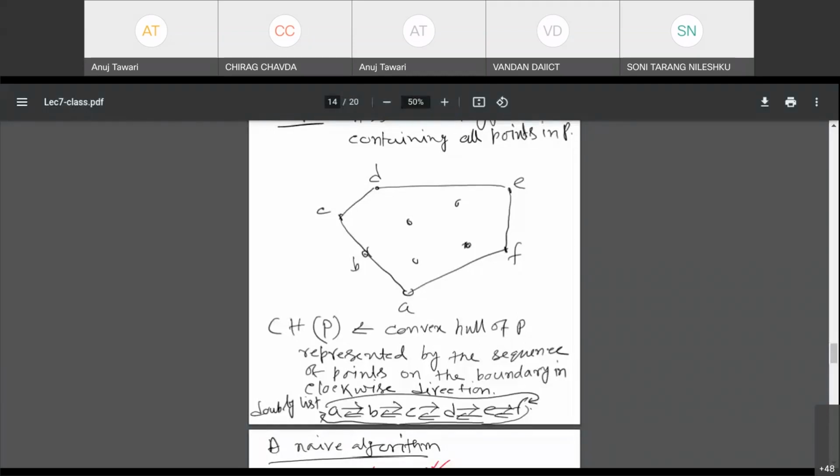But how do you know that polygon will be connecting some of these points? I mean, we don't want any polygon. Otherwise, I'll just draw a big square which contains all these points, and then I'm done. So you have to connect some of these points.